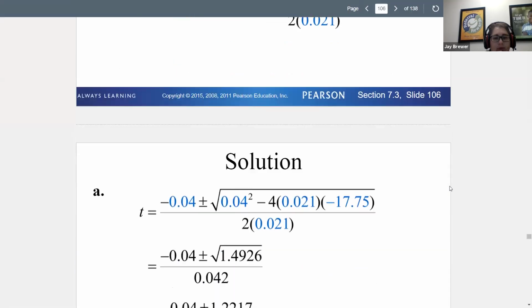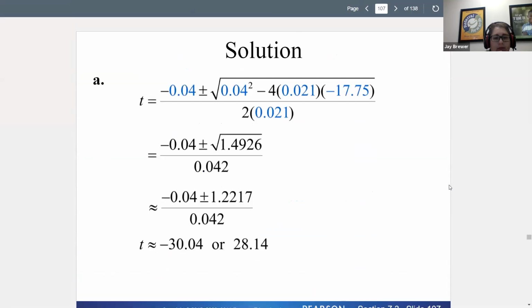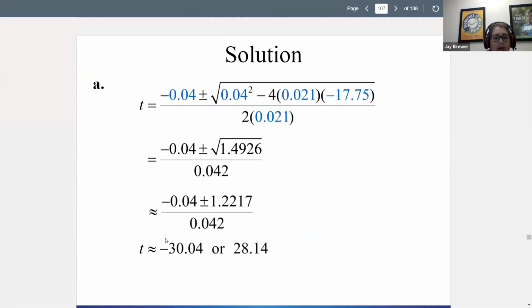All right, assuming you're all good there. Here we notice that T is approximately negative 30.04 or 28.14. Now, before we had two answers, one of them was negative and one of them was positive, and we were dealing with time, so we just subtracted away from the given year, which in our case is 1990.